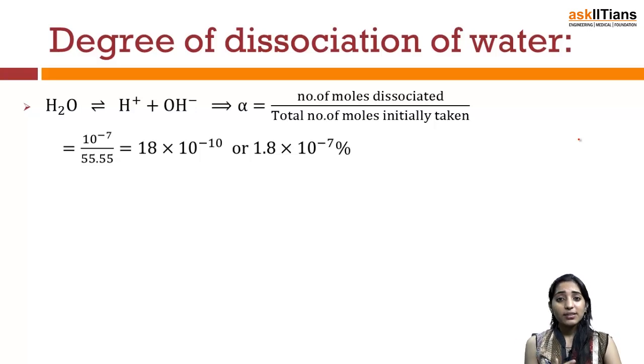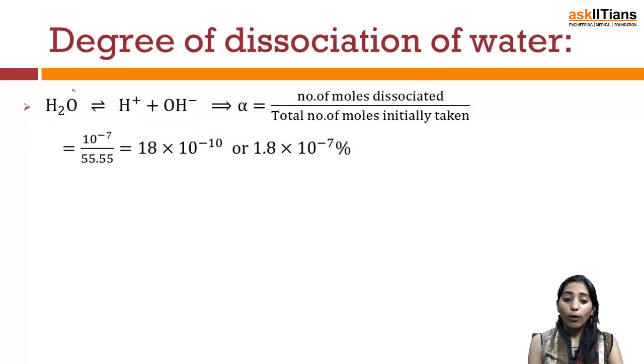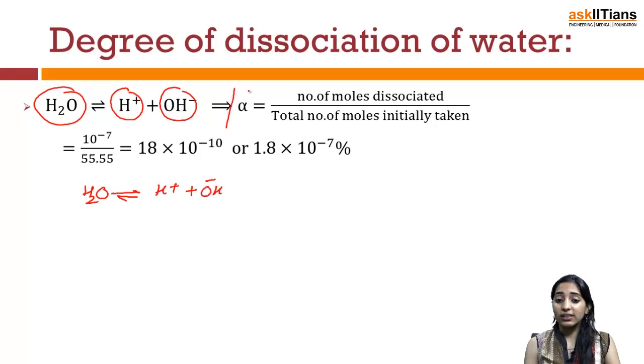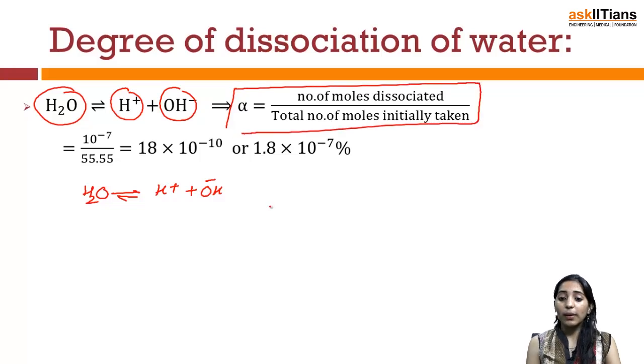We have already learnt what we mean by degree of dissociation. Now since water can act as a weak acid, it will follow this particular equation where water is dissociated to form H positive and OH minus. The degree of dissociation is defined as the number of moles dissociated divided by the total number of initial moles taken.